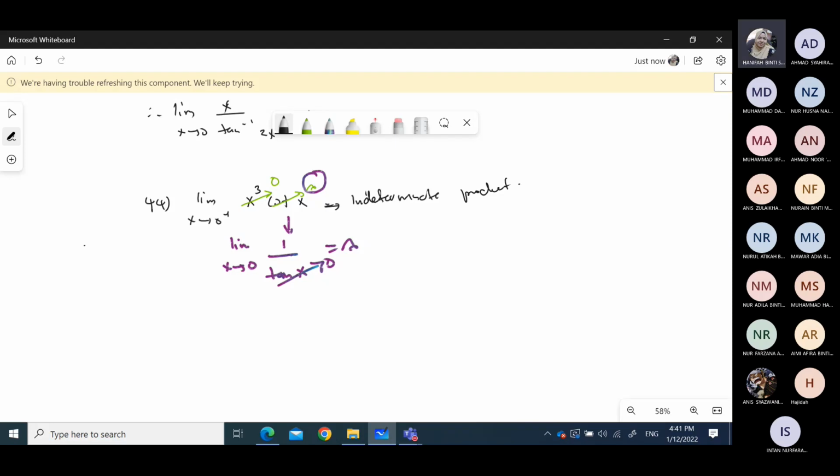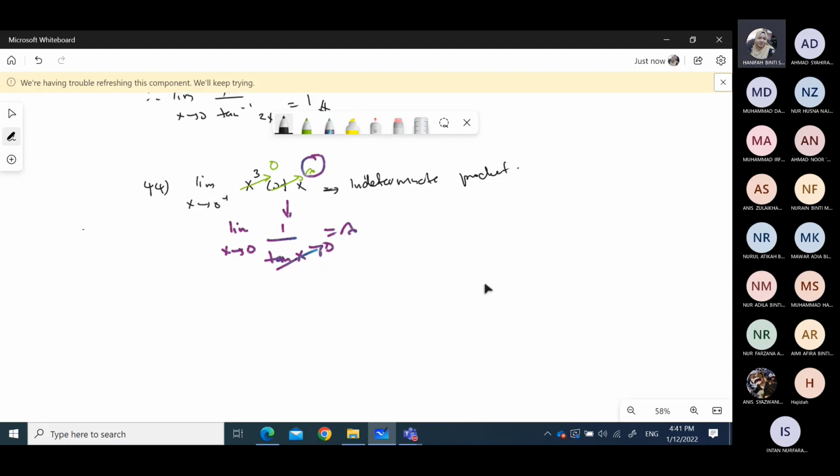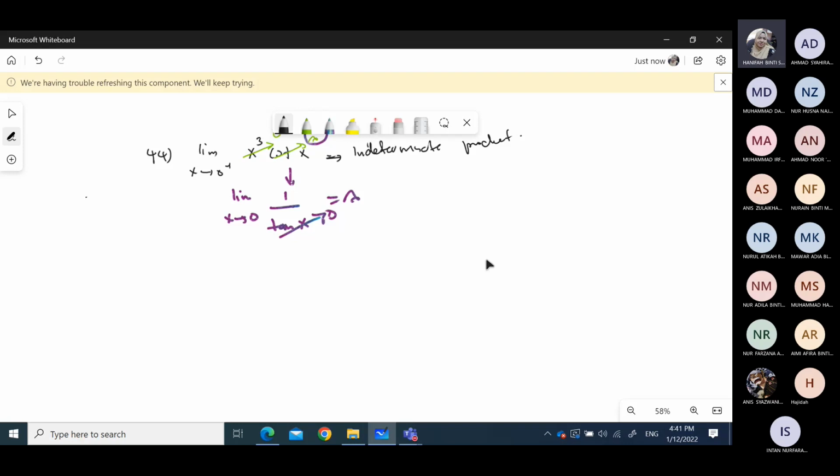Okay, right. So if we have indeterminate product, then we need to rewrite into a ratio. So from here, limit x approaches 0 for x to the power of 3 cotangent x is also equivalent with limit x approaches 0 for x times 1 over tangent x.